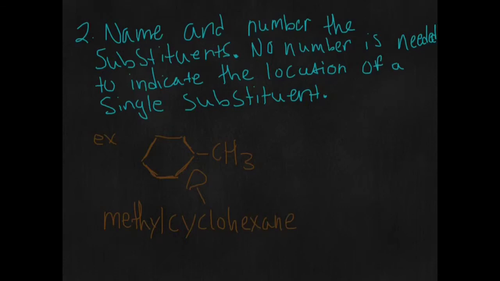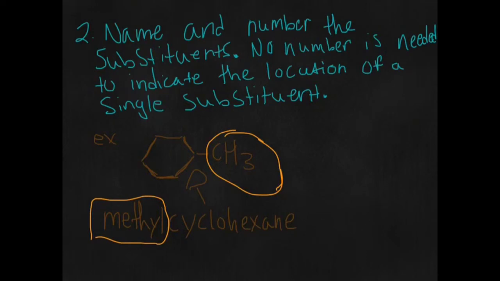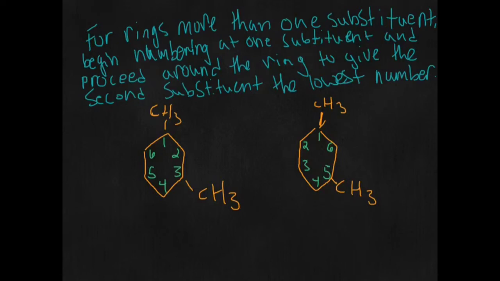You're probably asking me, what is this doing here? What that's doing is it's pretty much saying we have only one extra attachment added on. Because there's only one, we write methyl. So if we had another CH3 over here, then that would be dimethyl cyclohexane. But since we don't, we just write methyl cyclohexane.